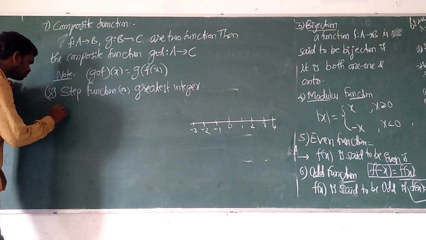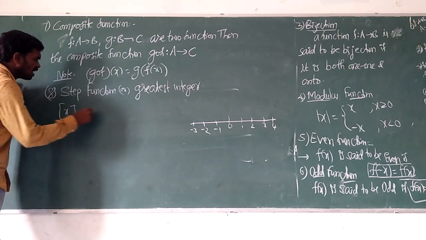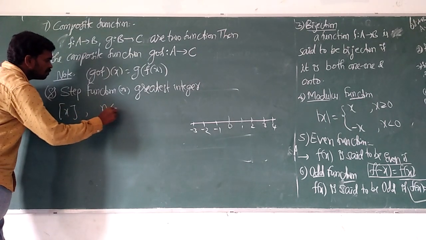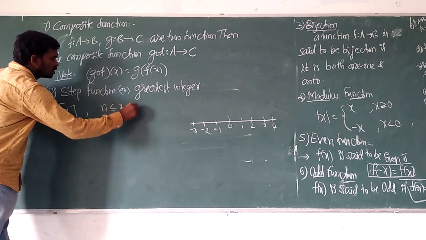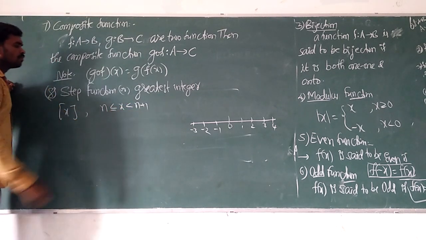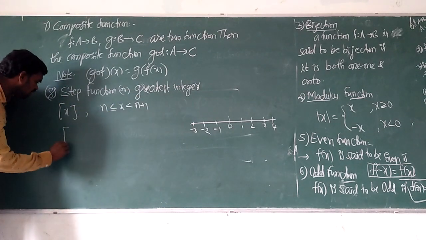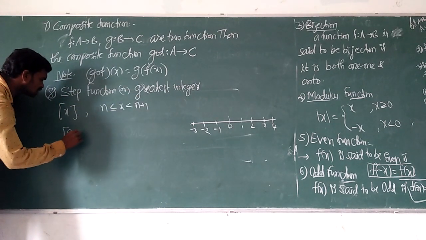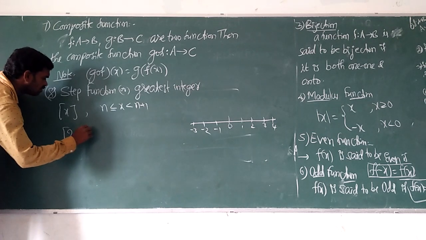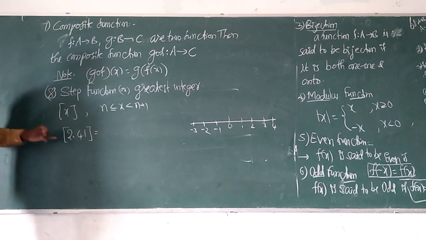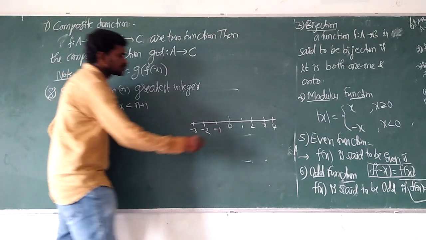Step x means the value is always between two numbers, previous and after. If you want to know 2.41, for example, where is 2.41?